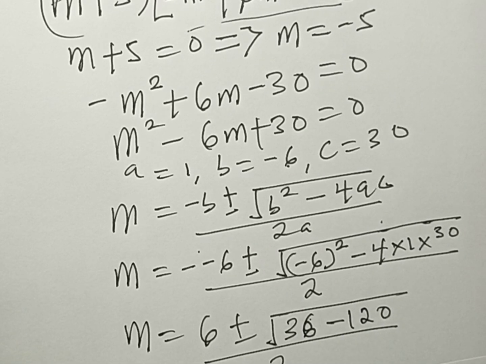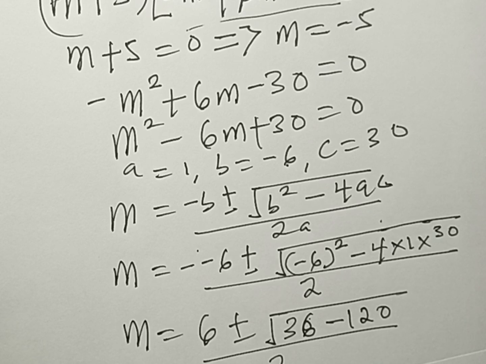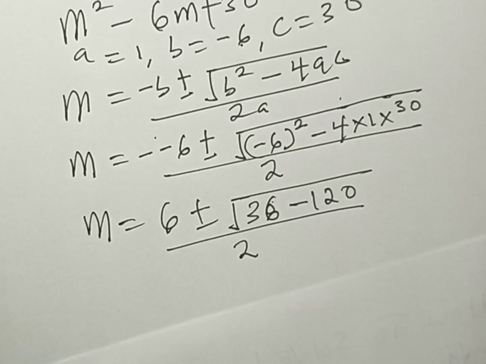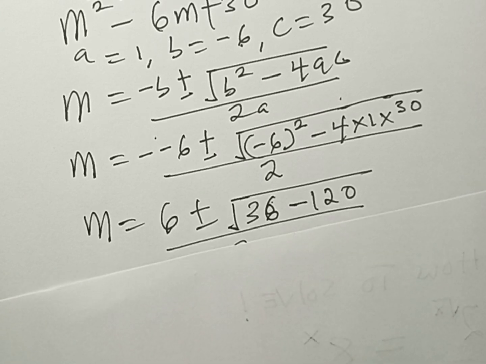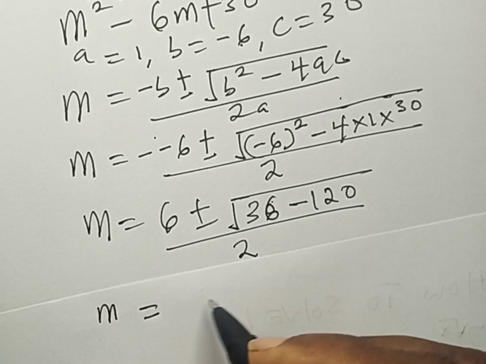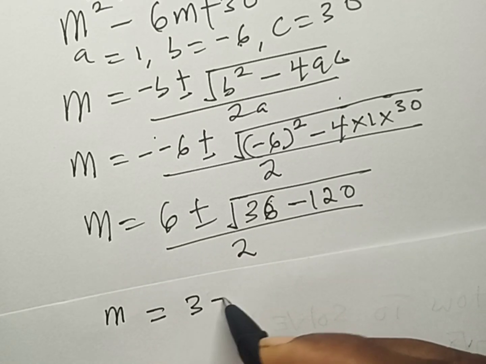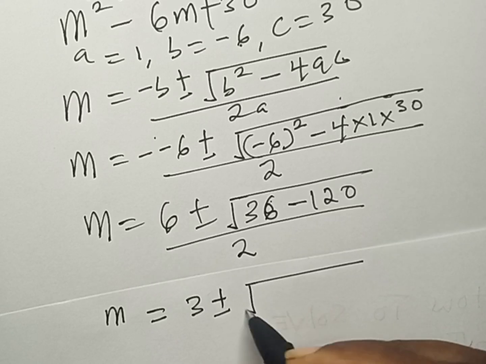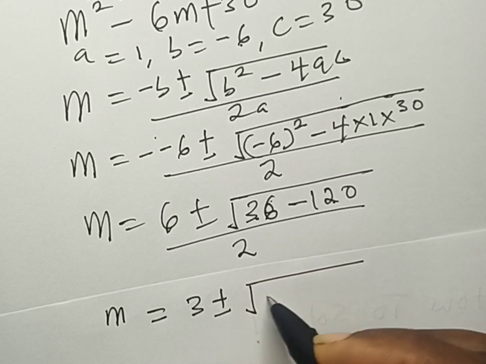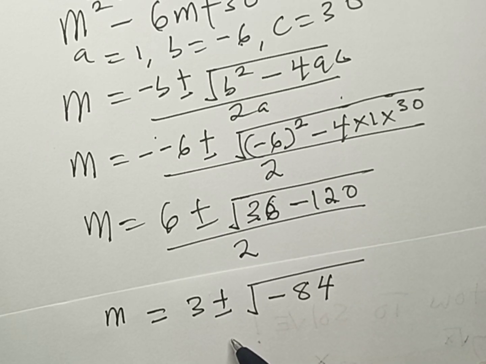Now since we have that result, we can have this as something like this now. m equals to, this 6 divided by 2, we have 3 plus or minus root of 36 minus 120 will give us minus 84.